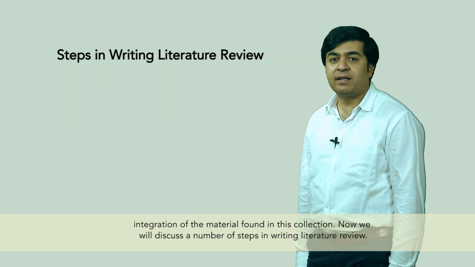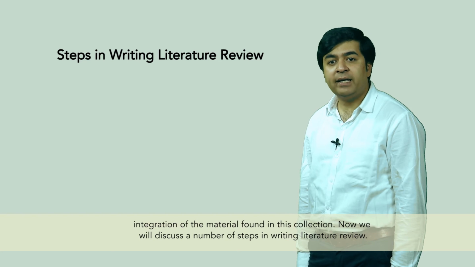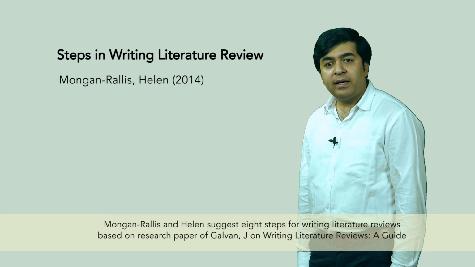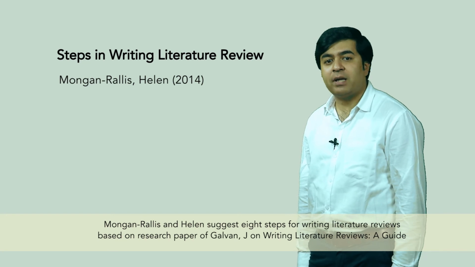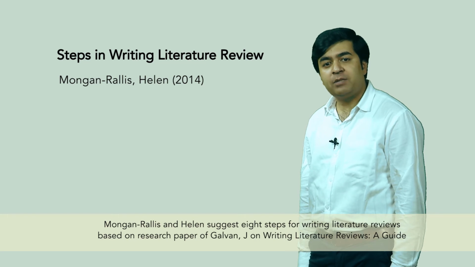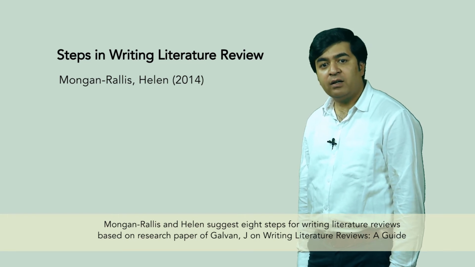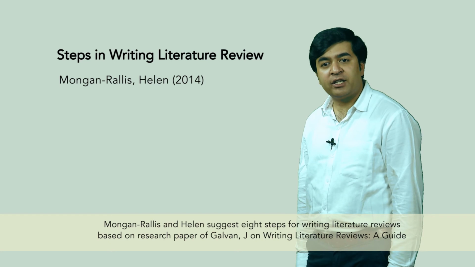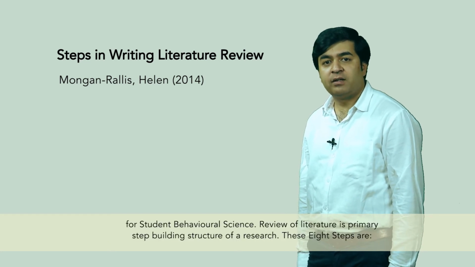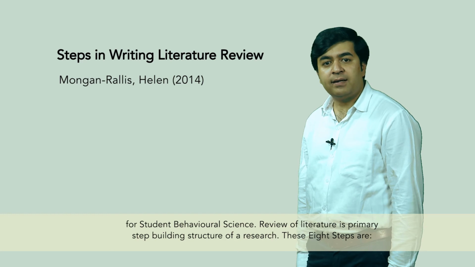Now we will discuss a number of steps in writing a literature review. Mongan, Raleigh, and Helen suggest eight steps for writing literature reviews based on the research paper of Galvin J. on writing literature reviews, a guide for students of behavioral science. Review of literature is the primary step in building the structure of a research.